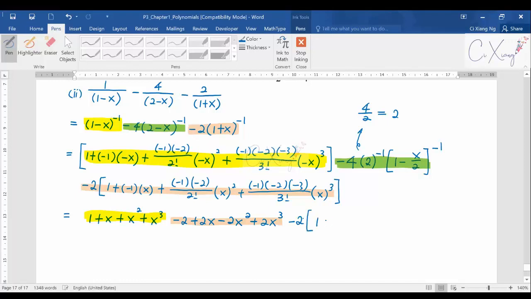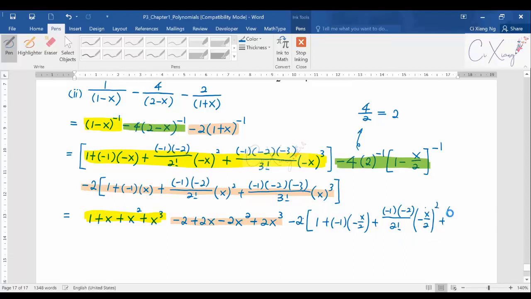So what, first term is 1, second term is nx. Then n minus 1, n, and then n minus 1 divided by 2 factorial. Then after that, x power 2.